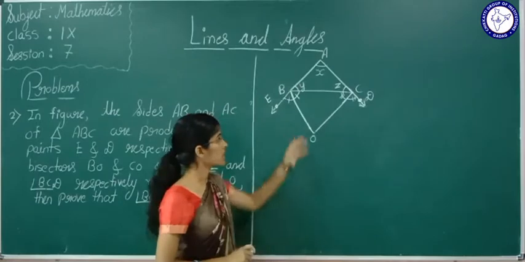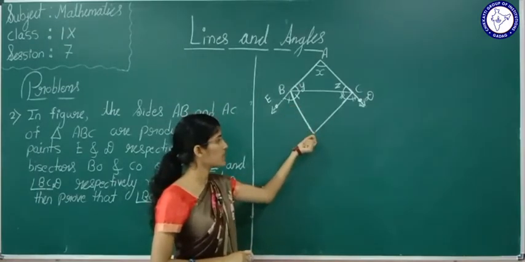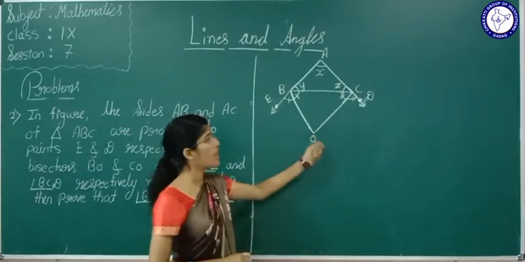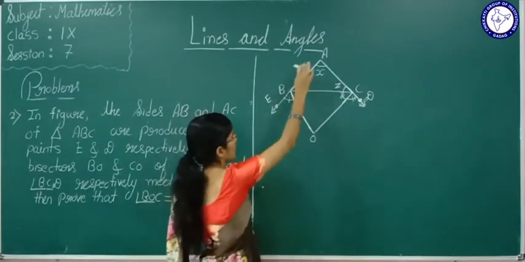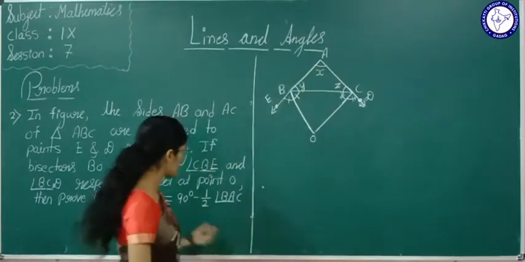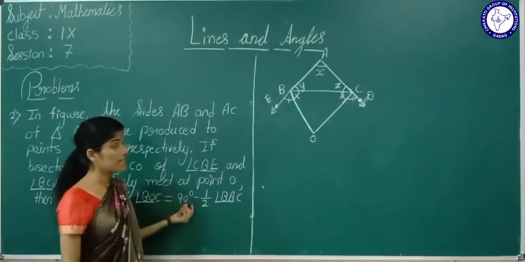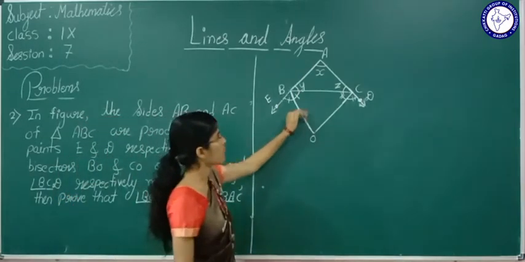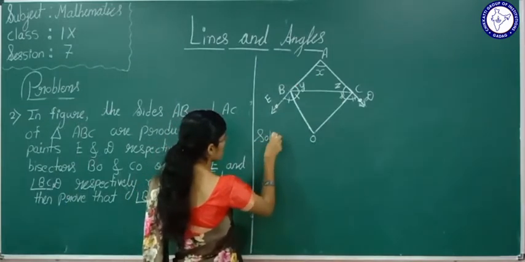These two bisectors are going to meet at O. We have to prove here angle BOC is equal to 90 degree minus half of angle BAC. See here, solution.